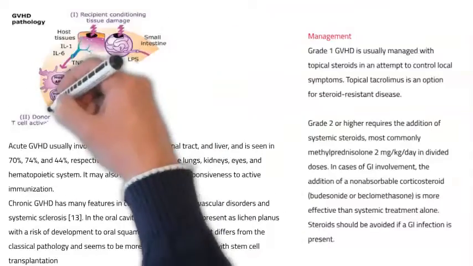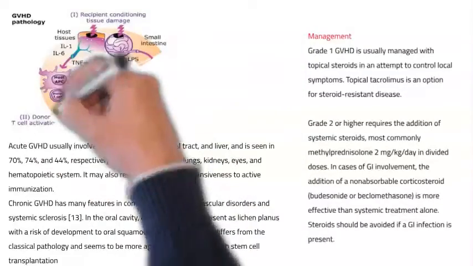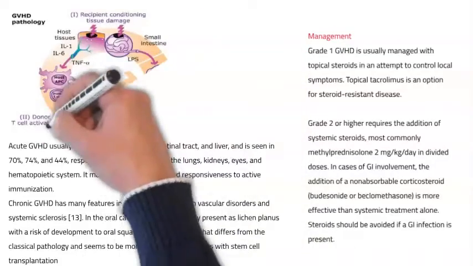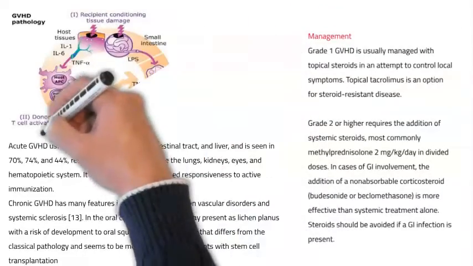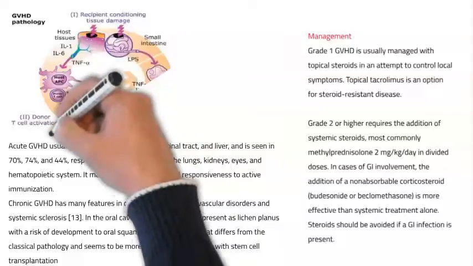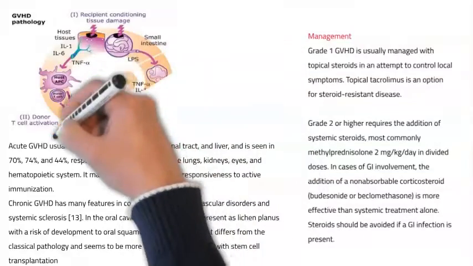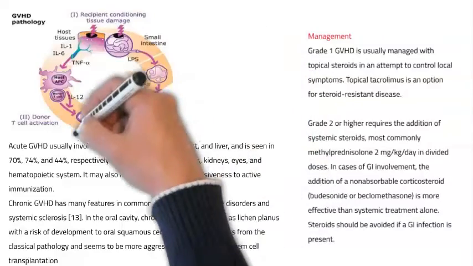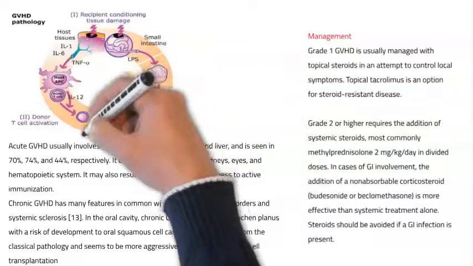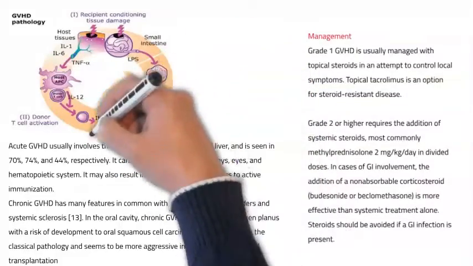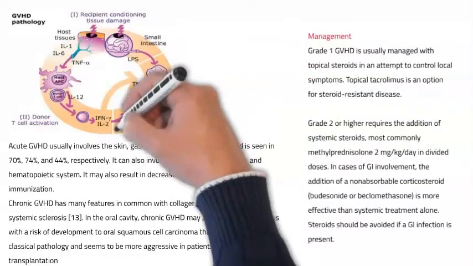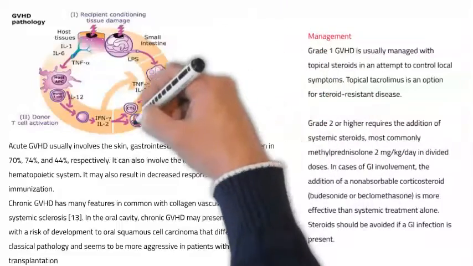Management. Grade 1 GVHD is usually managed with topical steroids in an attempt to control local symptoms. Topical tacrolimus is an option for steroid-resistant disease. Grade 2 or higher requires the addition of systemic steroids, most commonly methylprednisolone 2 mg per kilogram per day in divided doses.